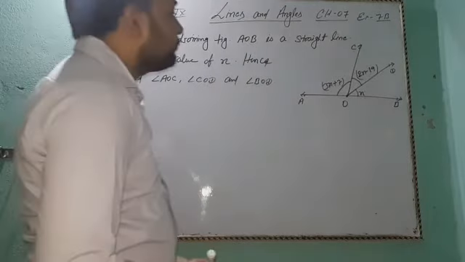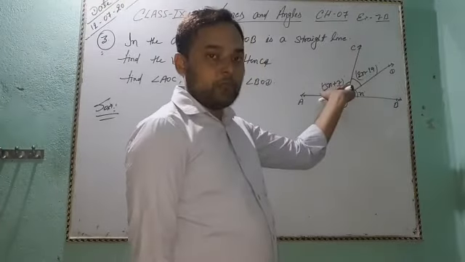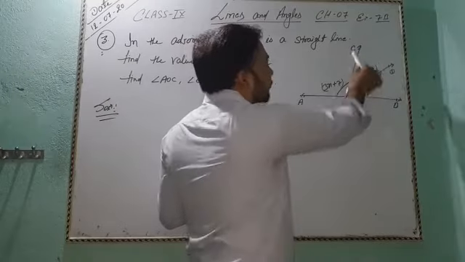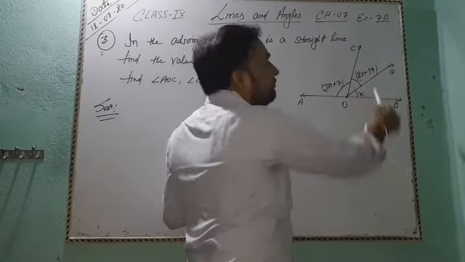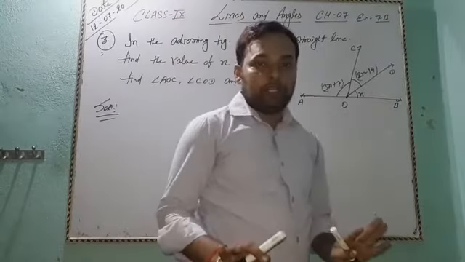Here, students, given angle AOC equals 3x plus 7 degrees, angle COD equals 2x minus 19 degrees, and angle BOD equals x degrees.